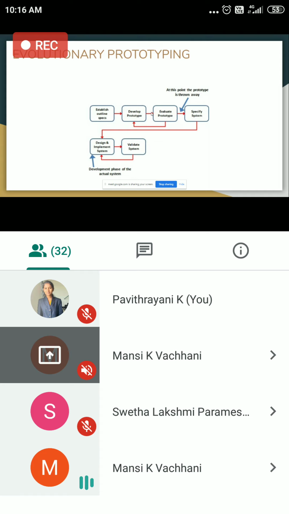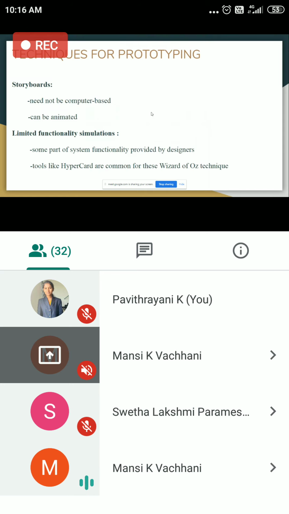This model is helpful for projects which use new technologies, and it is mainly used for complex projects. It can be used when the requirements are not stable. If the customer's requirements are not stable, the team uses this evolutionary prototype.